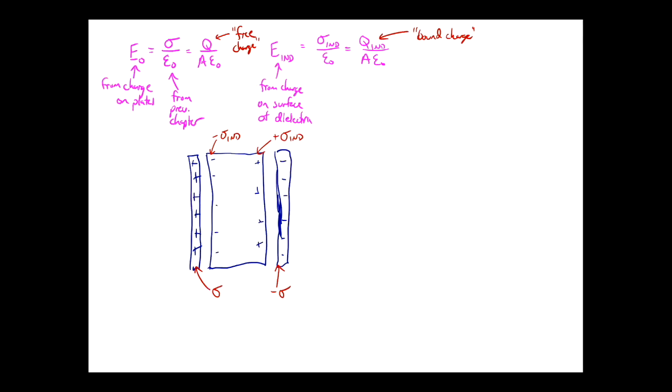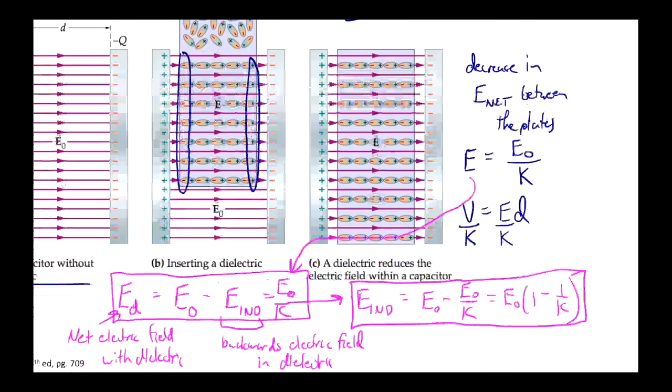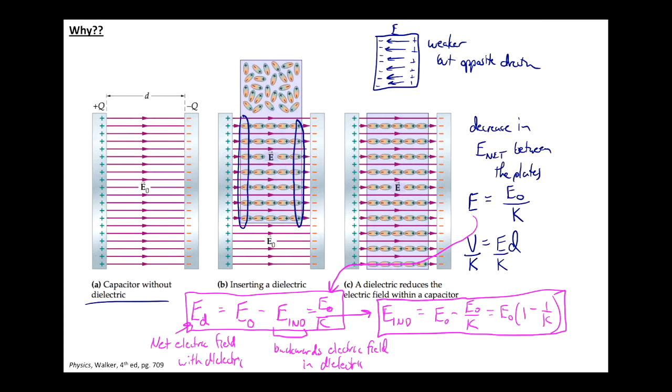So let's take these two equations and plug them into the previous slide, those boxed equations we had there. So let's see, sigma induced over epsilon naught. We're going to take this and plug it in.